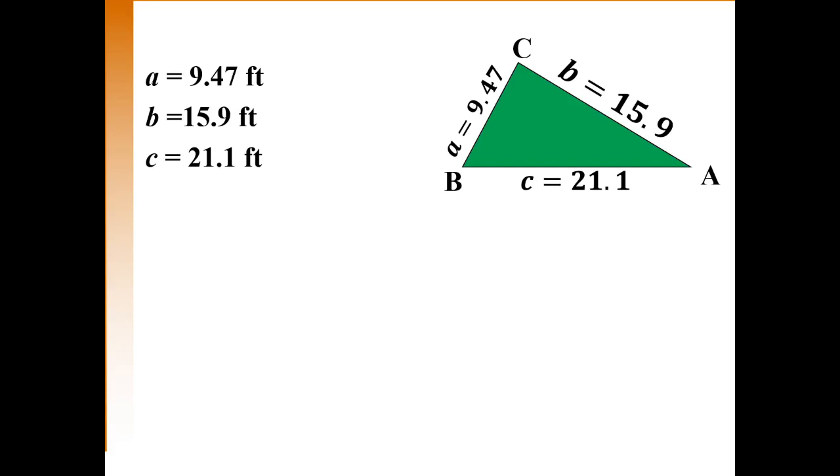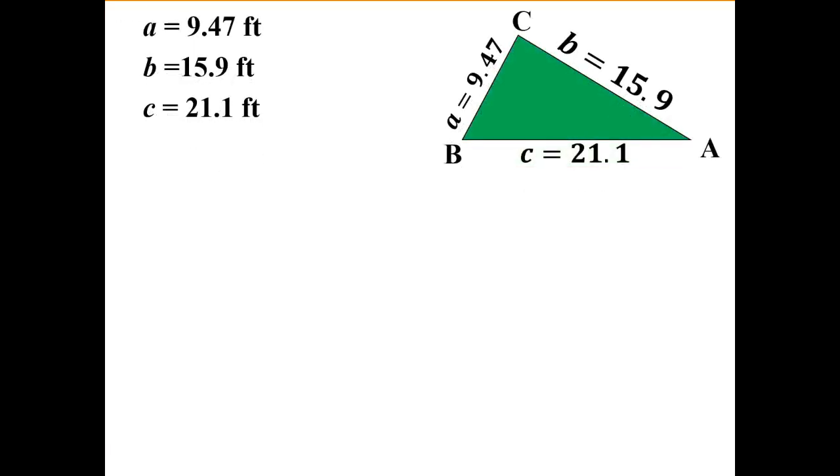Since their sum is larger than 21.1, I know that I have a triangle. Solve the triangle. We are given three sides, so we do not know a side and its corresponding angle. This tells us that we are going to use the law of cosines. We can find angle A, B, or C to begin with. For no particular reason, I'm going to go after angle C.